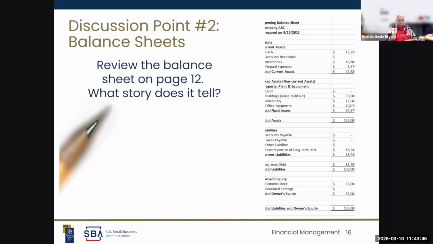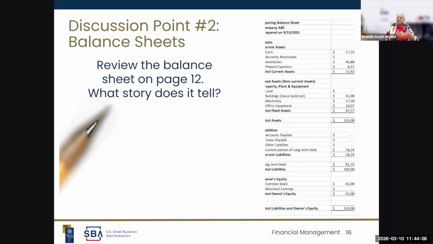And then for owner's equity, what are we looking at? Well, when we get to our profit and loss statement, we're looking at what money we have made in the business that didn't go out to somebody else. So that's retained earnings. That's earnings that we have made in the business that we're keeping. That goes under equity.